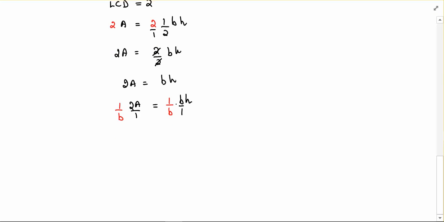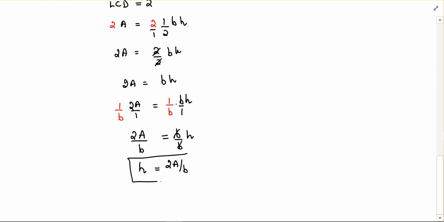And so we can multiply across: 2A over B, and over here this is B over B, H, and of course the B's cancel. So we get H equals 2A over B.